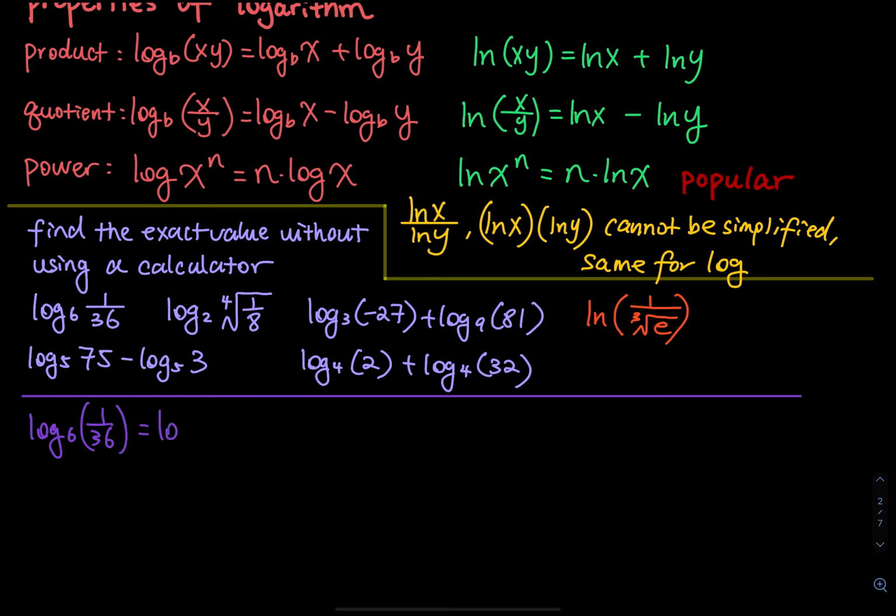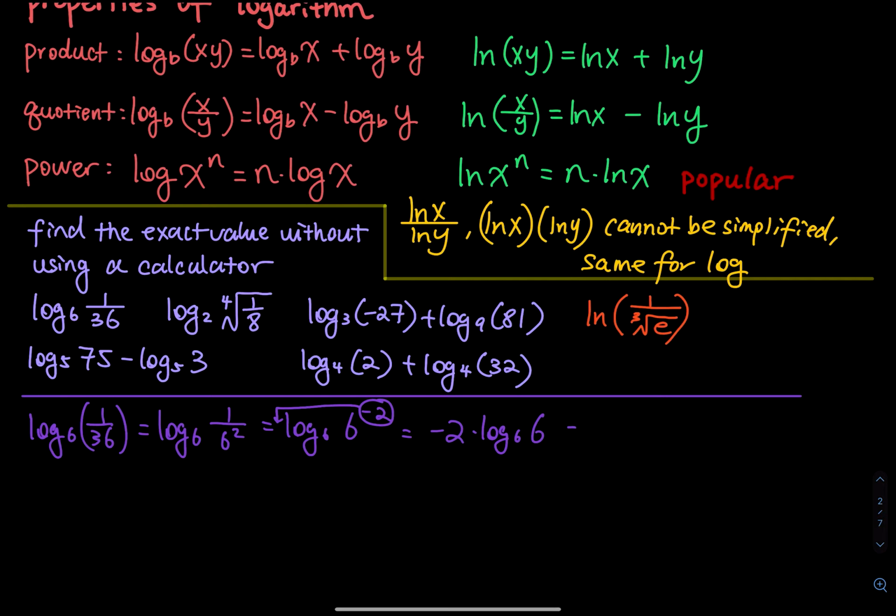This is log base 6 of 6 squared, but you have the 6 squared in the denominator, so that equals log base 6 of 6 to the negative 2 power. By the power rule, we can bring the negative 2 down to the front: negative 2 times log base 6 of 6.